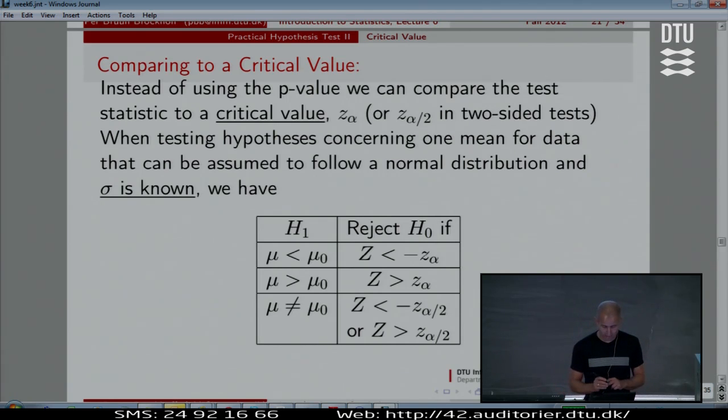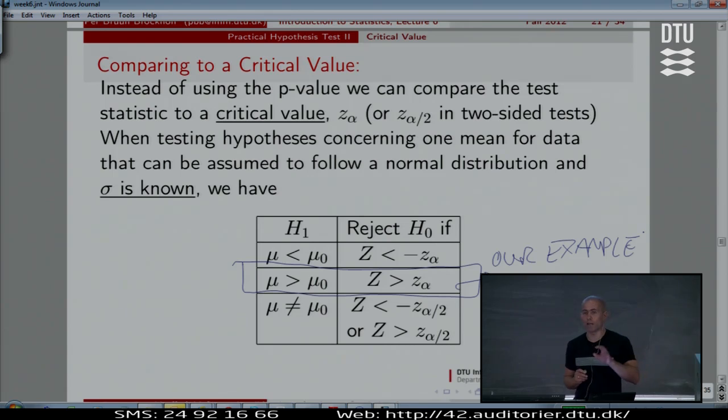This basically says that if we are in a one-sided situation, and this is our example here, we can use only one row in this table. In a given context, we are only in one place. This says that the critical value is t sub alpha in this case.